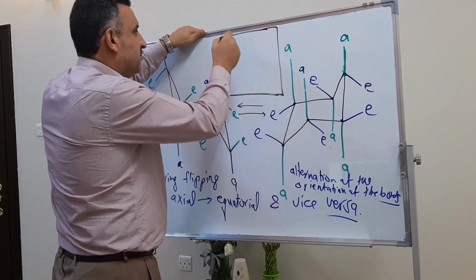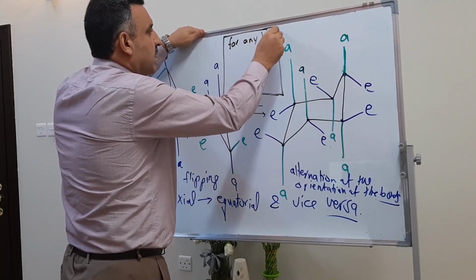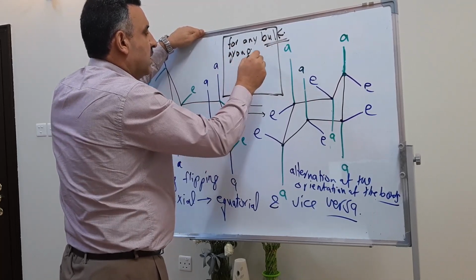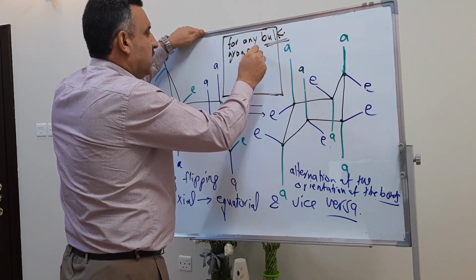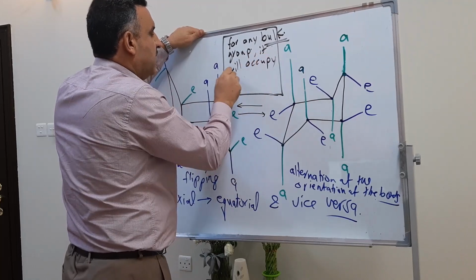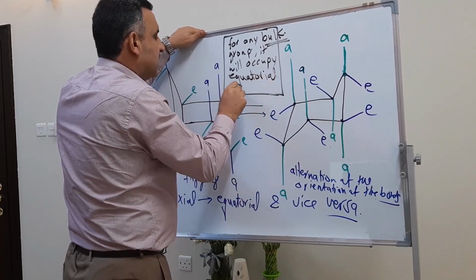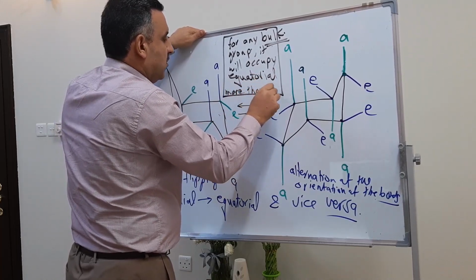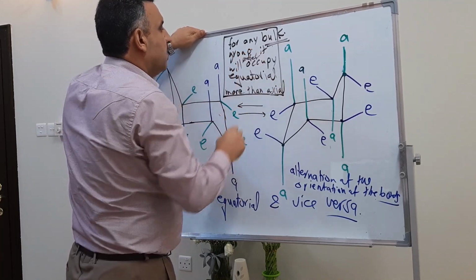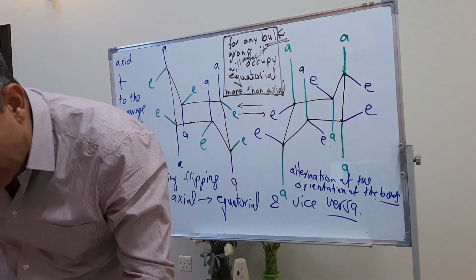For any bulky group, it will prefer to occupy the equatorial more than the axial.